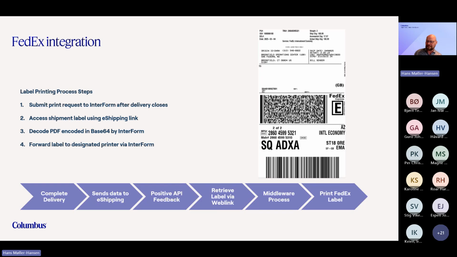So what they did is connect this with M3. When they complete a delivery in M3, it sends a trigger to Infoteam with the information that this delivery is now finished, so please give us the label.